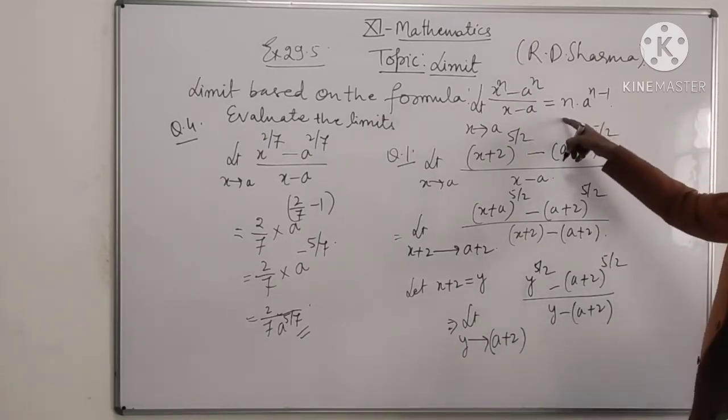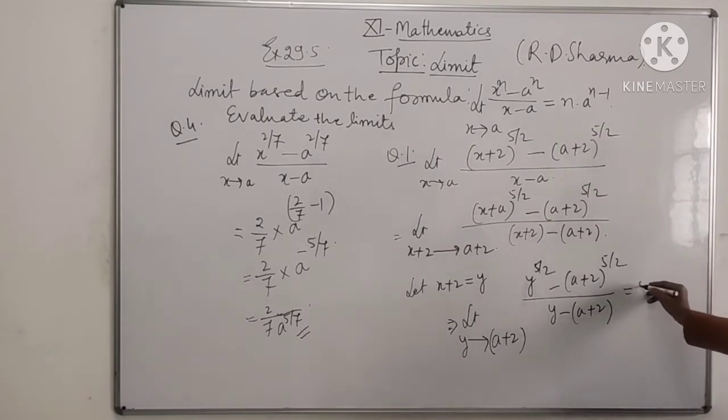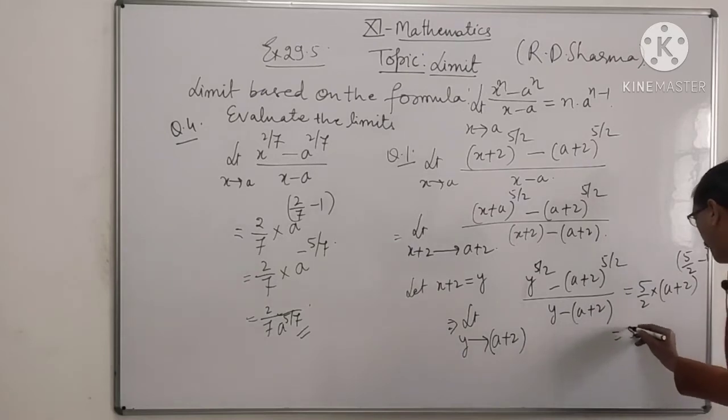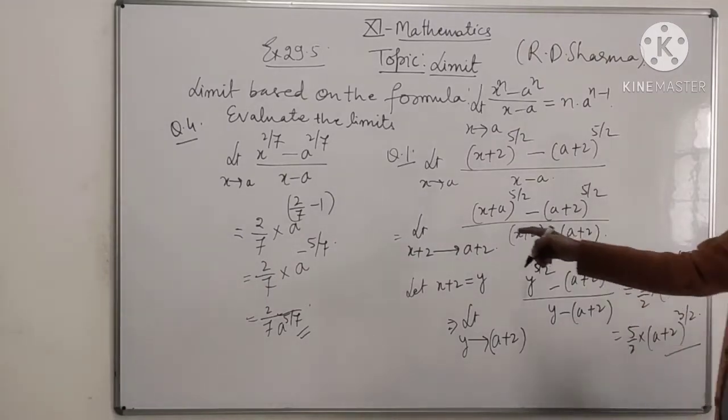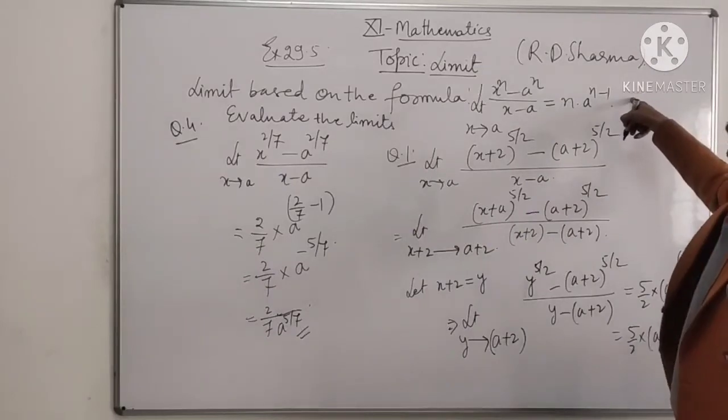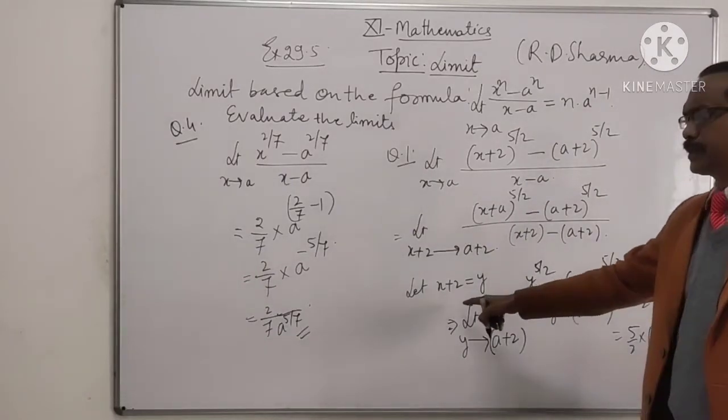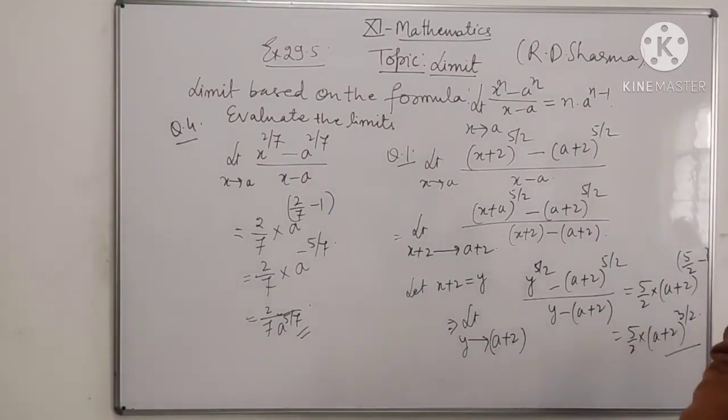Now again, according to the formula, it becomes 5 by 2 into a plus 2 whole power 5 by 2 minus 1, then it is 5 by 2 into a plus 2 whole power 3 by 2. So we can directly use the formula, or we can substitute x plus 2 as y.